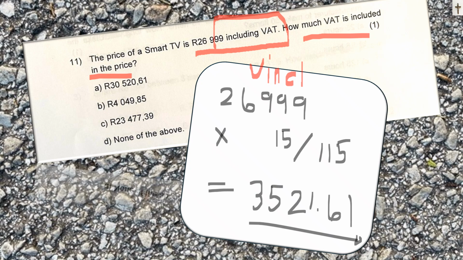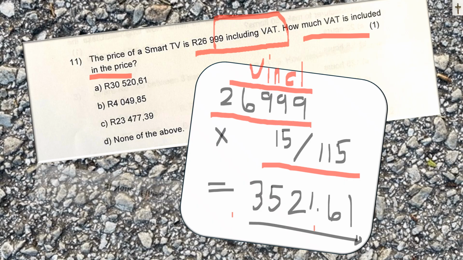If I want to get the VAT amount, when I'm given the VAT inclusive amount, I multiply by 15 over 115, which is the VAT fraction. And the amount that we get for the VAT is 3521.61.